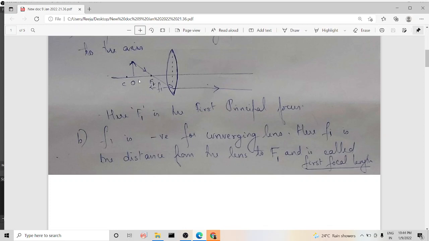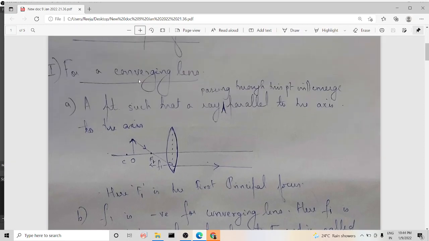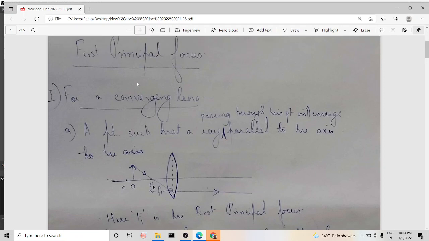So I hope it is clear. The first principal focus for a converging lens is that point such that a ray passing through it will be incident on the lens and will emerge parallel to the principal axis.